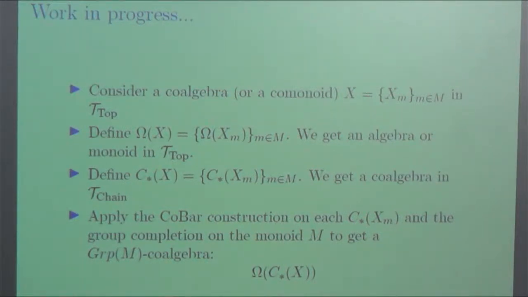This is just the idea of a project. Some details are not completely done, and then you apply the cobar construction on each of these coalgebras, because this is a differential coalgebra, so I can apply the cobar construction on each one of them. And then there is this question of the group completion, which I will mention in a moment.